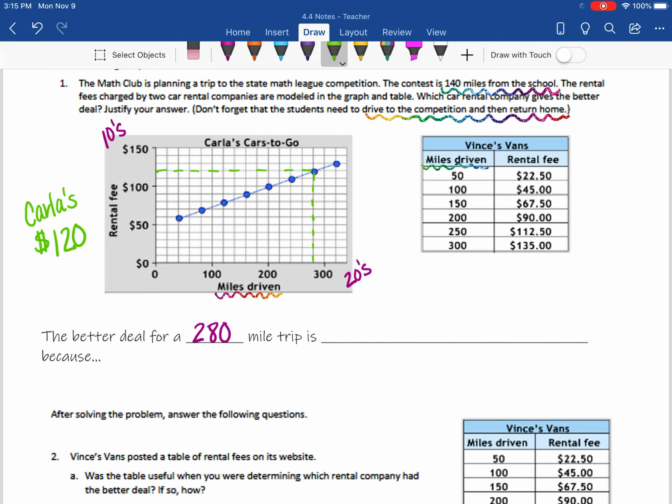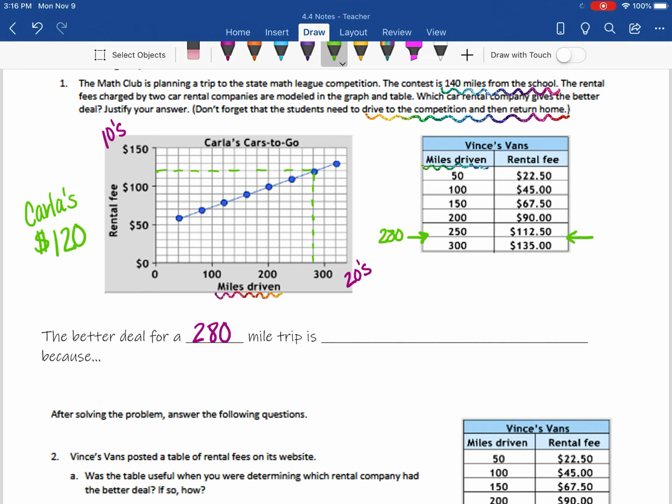Now let's look at Vince's Vans. So I don't see 280 in the table, but I know that it falls in between those two values. So 280 miles is going to fall between 250 and 300. It's going to be closer to 300 miles because 280 is closer to 300 than it is to 250.